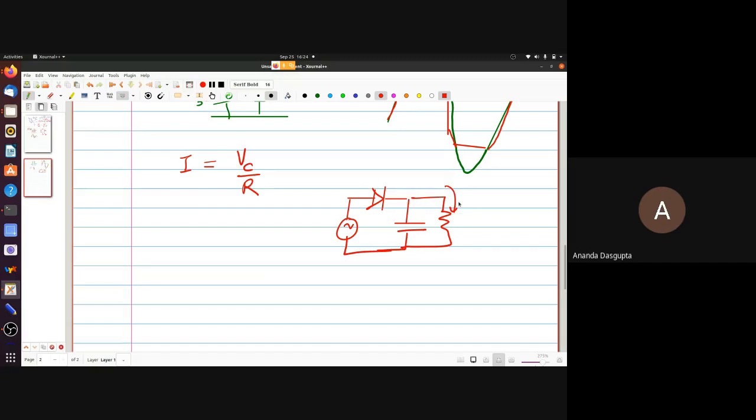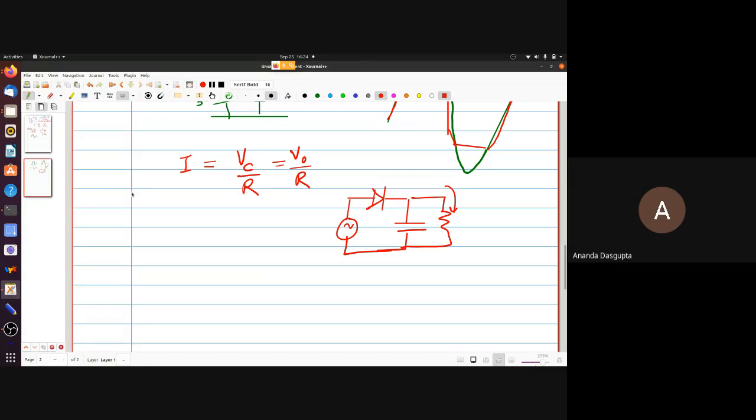So you're right that the current has to be the voltage across the capacitor, which is of course the output voltage, by R. And as the capacitor discharges, the output voltage goes down, so the output current also goes down, and as a result, what you end up with is an exponential decay, right?